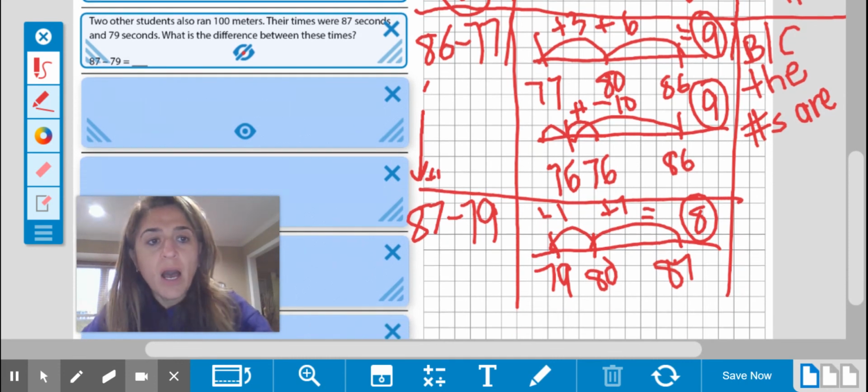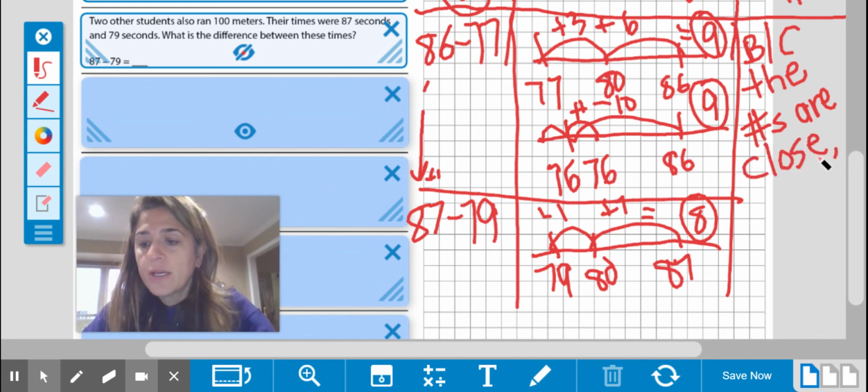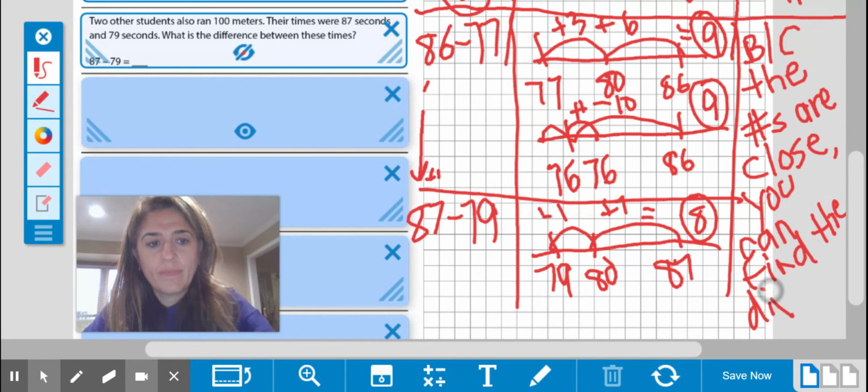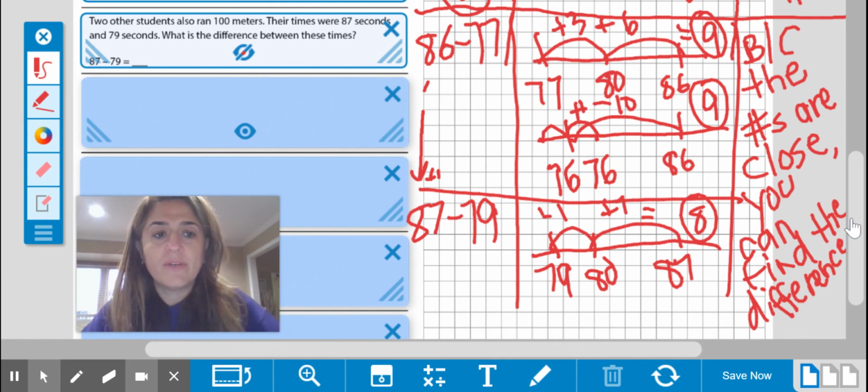So because the numbers are close, comma, you can find the difference. You can find the difference.